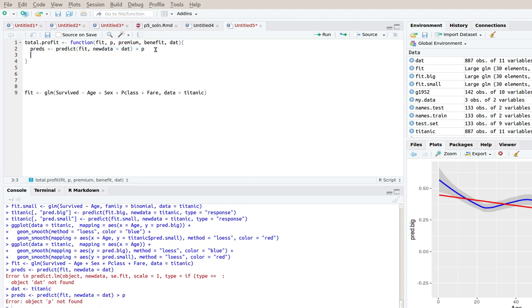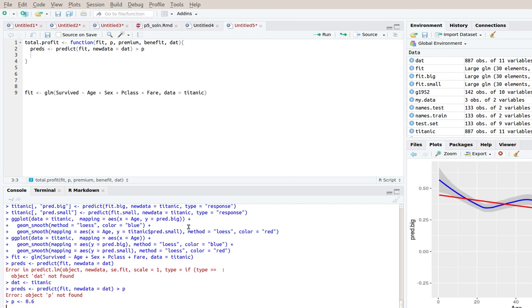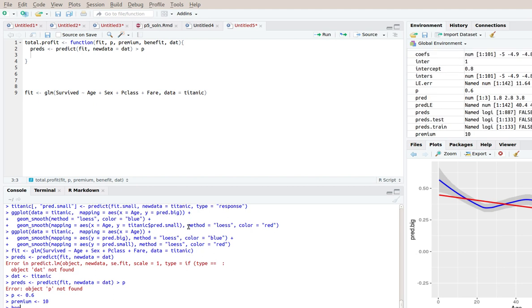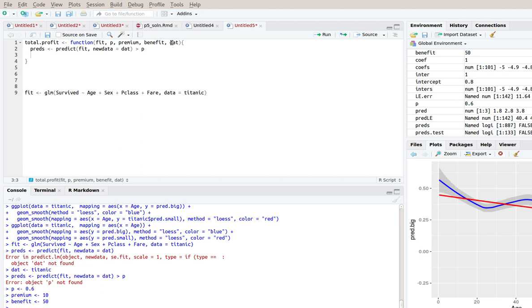So let's set a sample P. Maybe P is 0.6, and for starters, we'll set the premium to 10, and the benefit is going to be $50. Okay. Now we want to figure out how much revenue we have and how much expenditure we're going to have. The revenue is the number of people to whom we agree to sell insurance times the premium.